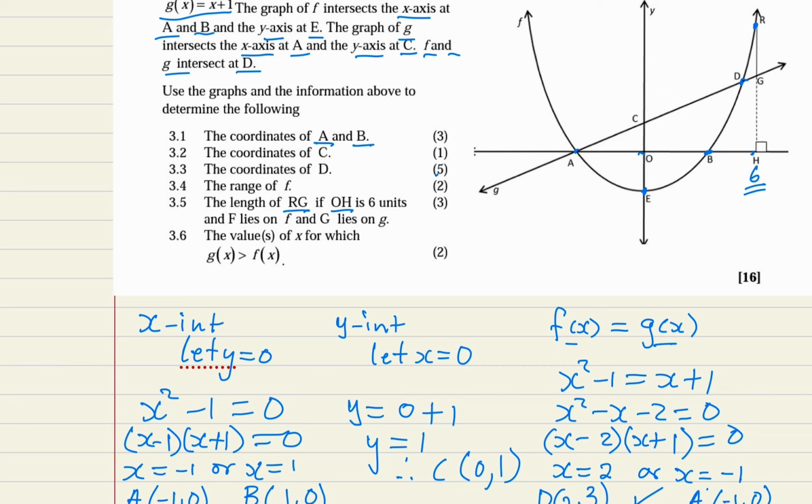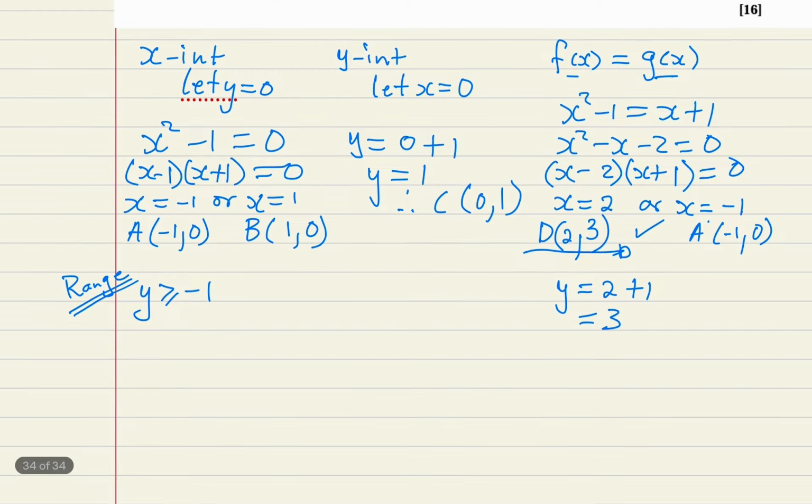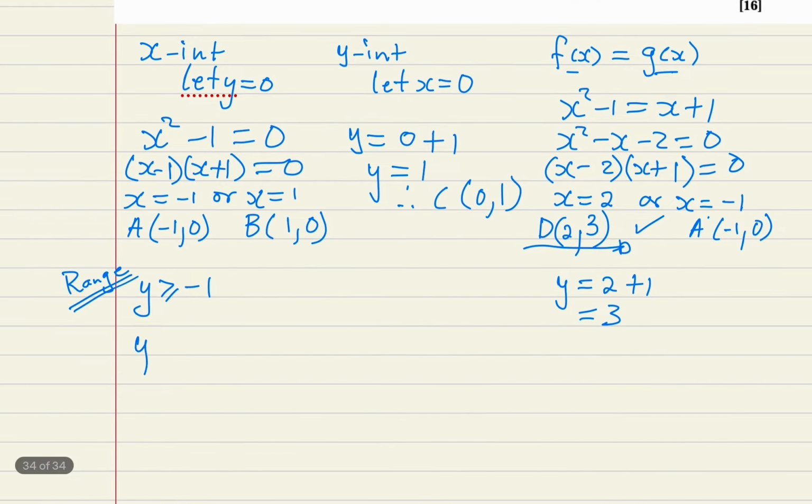That is R, and this is G. So I will take that point being 6. I substitute it in the straight line. Y is equal to 6 plus 1, which is equal to 7. That is G. Y of G is equal to 7.